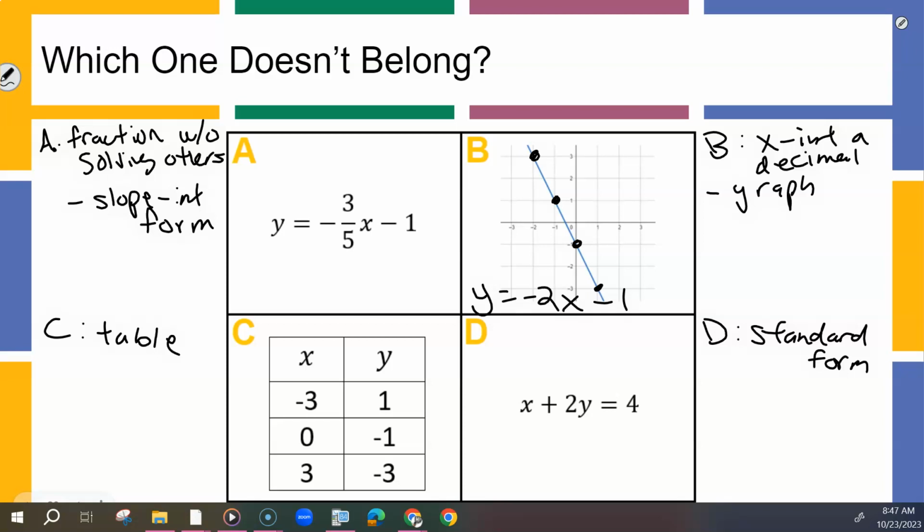You could do that a couple different ways. So you could either think about what your y values are doing as your x values are changing. 2 over 3, but yes.